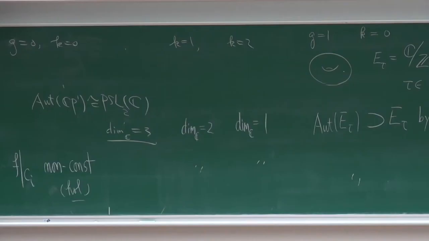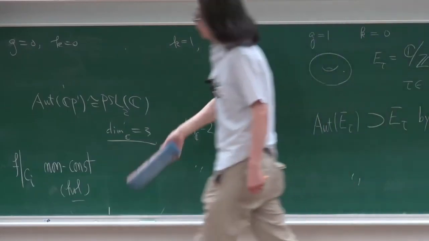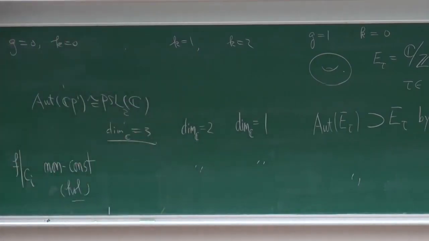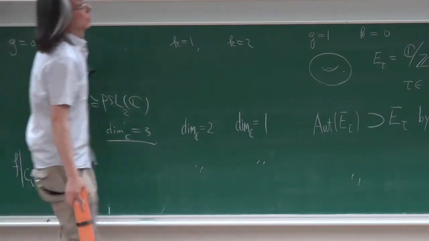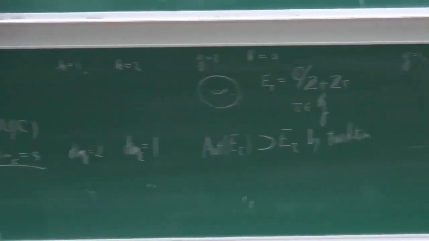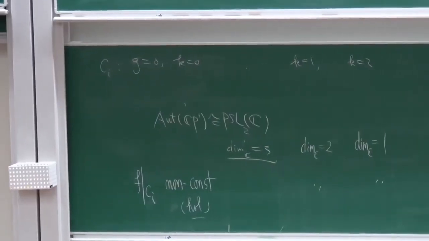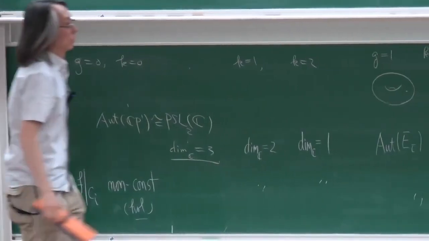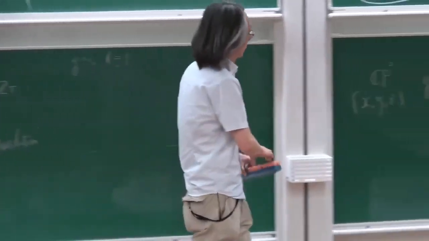So in this case we don't have a map, therefore the map is constant, but if we have a map, then we consider the moduli space of stable maps, with the map non-constant on the component. So this is the definition. Okay.